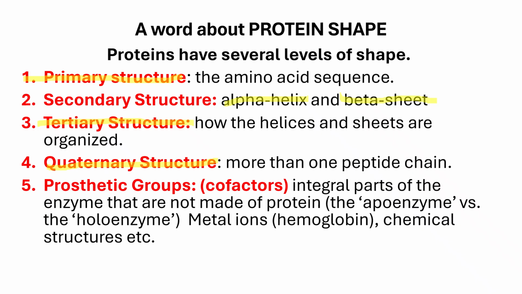Generally, in biology, primary, secondary, tertiary, and quaternary refer to four levels of organization for things, not just necessarily proteins, but in this case we happen to be talking about proteins. The quaternary structure in this case refers to enzymes that have more than one subunit. They have more than one peptide chain.